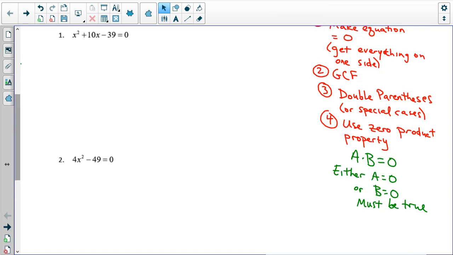If you have two numbers multiplied together to equal 0, one of those numbers has to be 0. That's just a rule, basically.